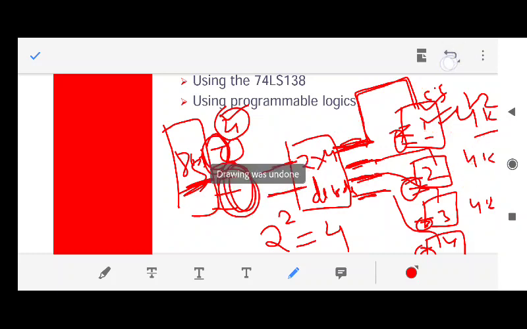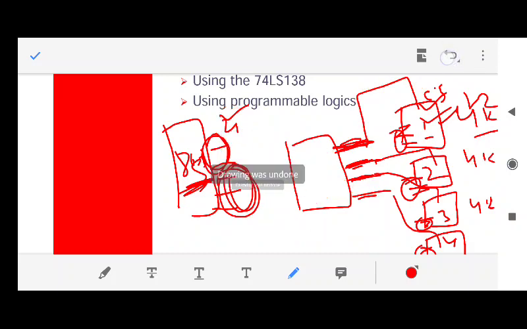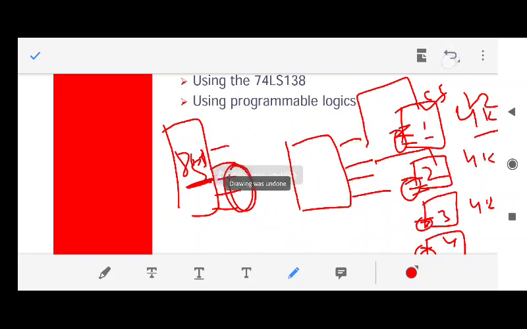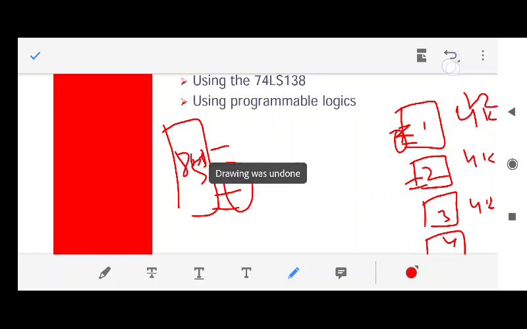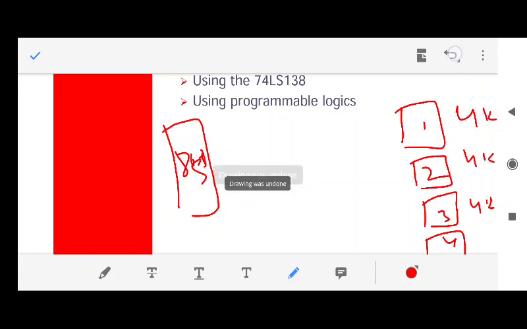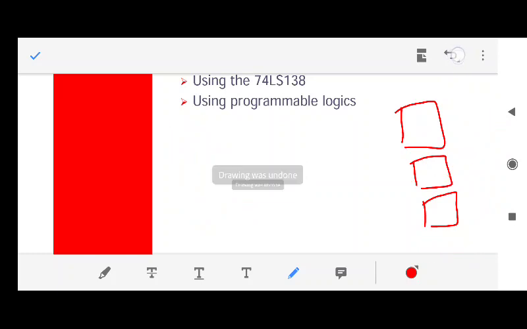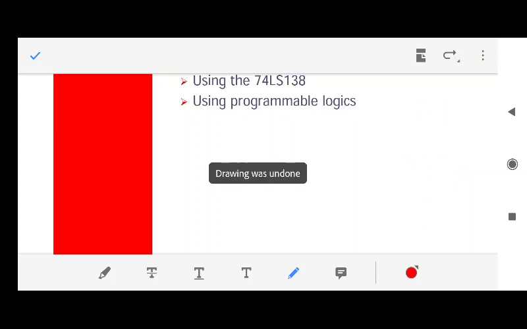So this is how we will interface the memory chip with a 8051, and this is how we will use the decoder. Now let us move forward. We'll just erase all these things, and we'll see some more examples that will make it more clear to you.